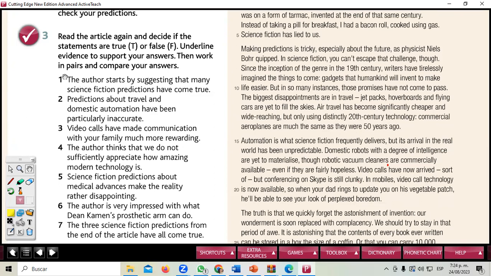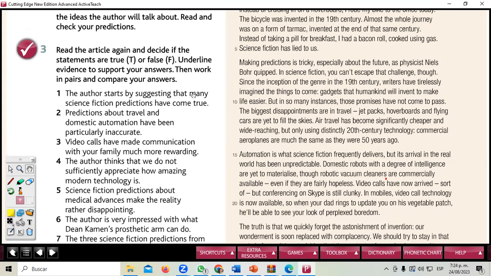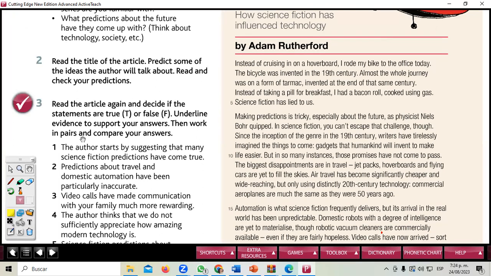Statement number 1. The author starts by suggesting that many science fiction predictions have come true. I think it's false. And why? What made you think that is false? Because at the beginning, the author said that science fiction has lied to us.